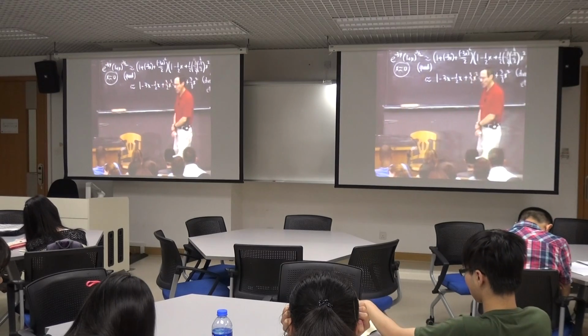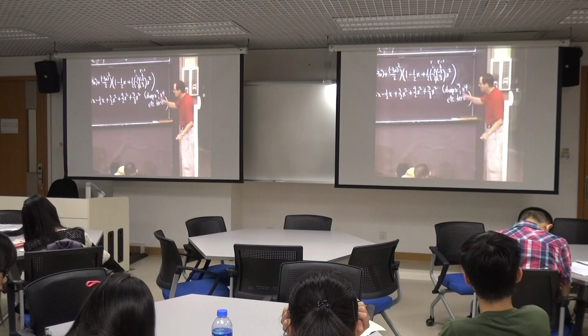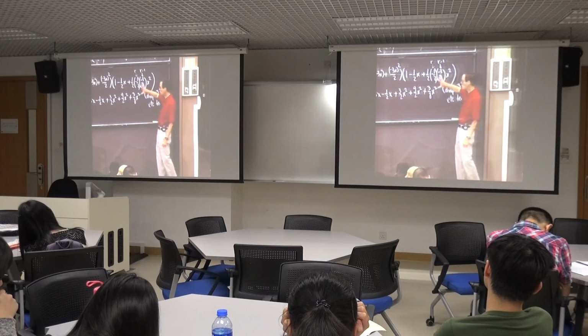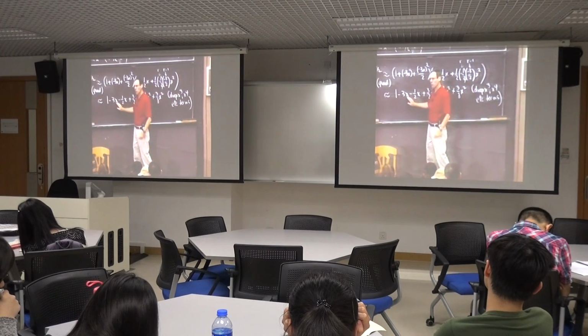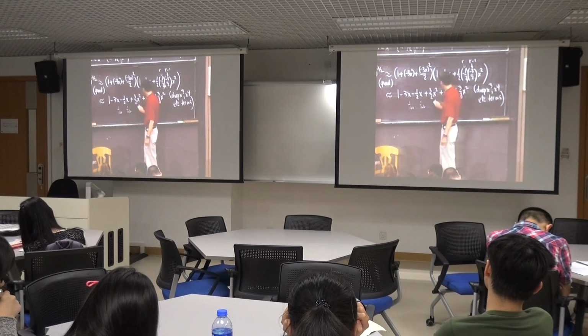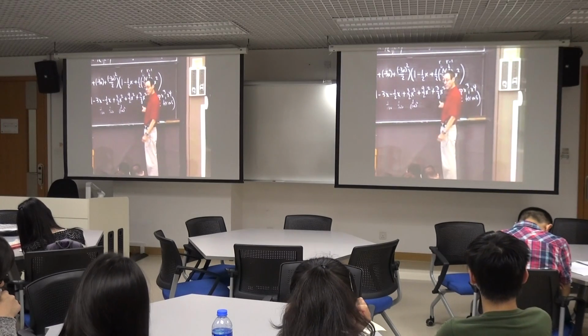Why do I get to drop all the higher order terms? That's because the situation where I'm going to apply this is one in which x is, say, 1/100th. So here's something on the order of 1/100, and this is on the order of 1/100 squared, all of these terms.